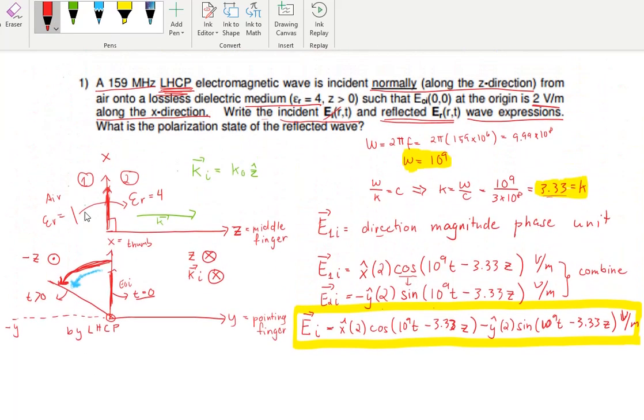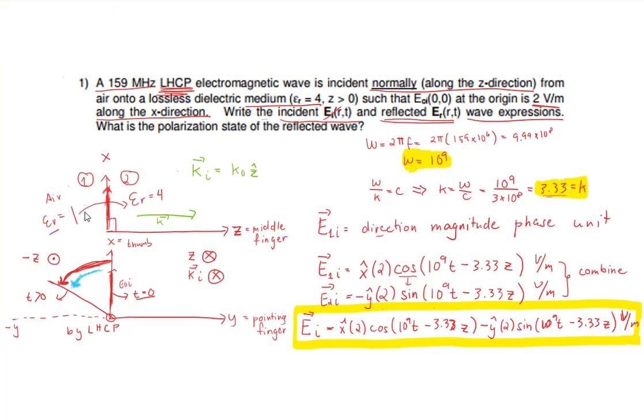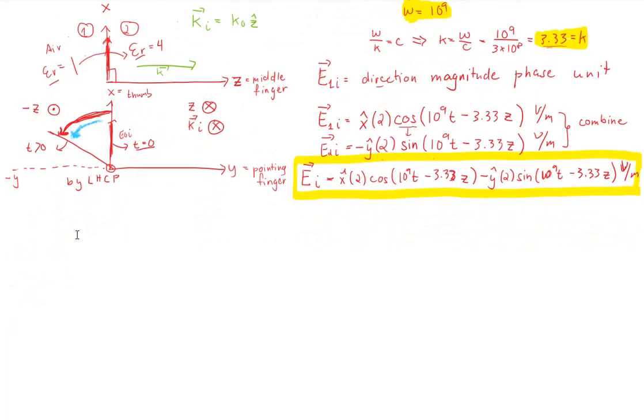So let's stick to what we're given. We are given epsilon R, the permittivity, and remember this N, which is the index of refraction, is just equal to the root of epsilon R. Now, quick reminder, this is just for non-magnetic materials only.